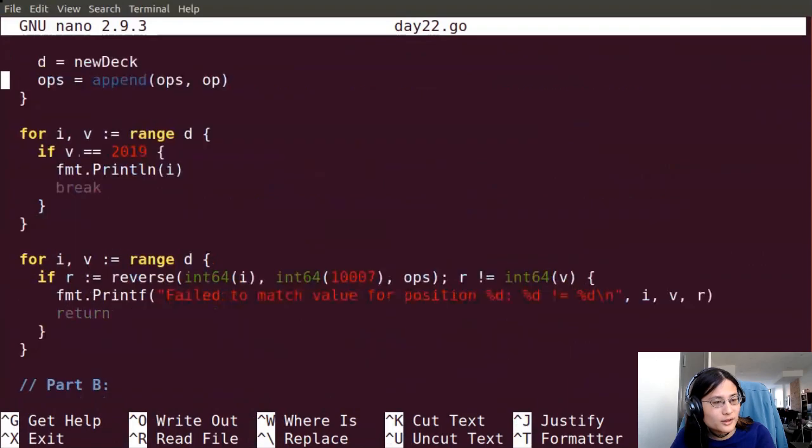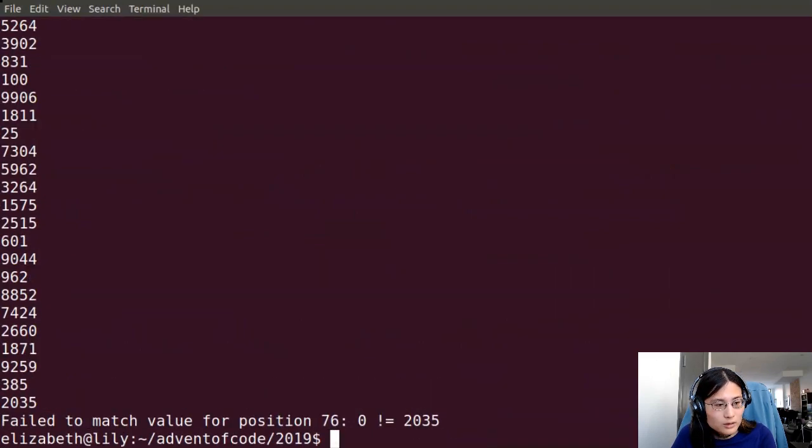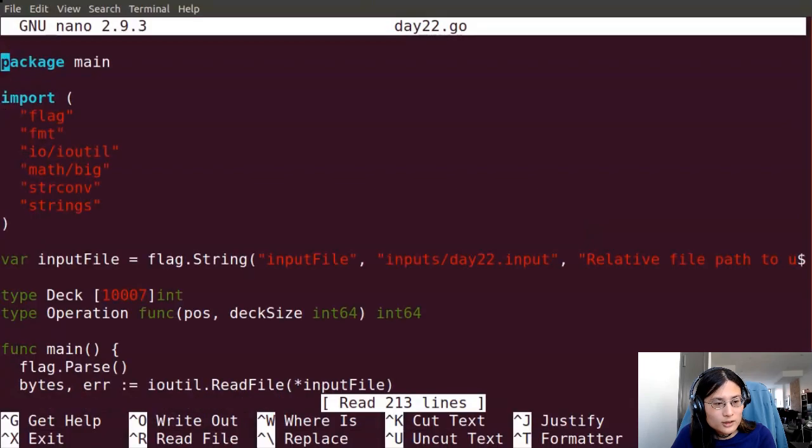Okay, where does card 0 wind up? So that should be position 76.